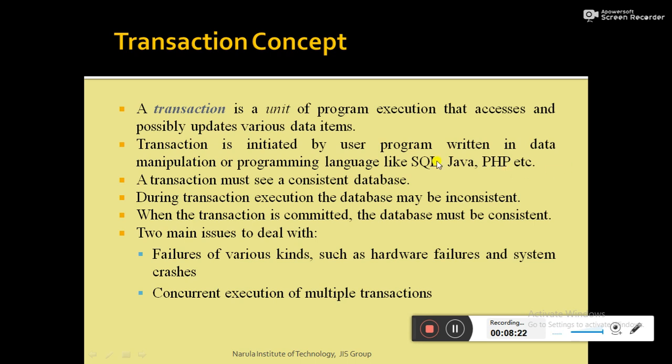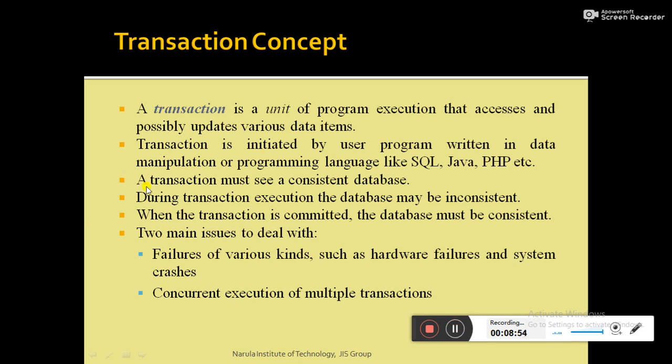So with the help of all these languages, we can write our own transaction that can be executed in the database management system. To write a transaction program, we may use either a high level data manipulation language like SQL or any other programming language like Java, C#, PHP, ASP.NET, and so on.